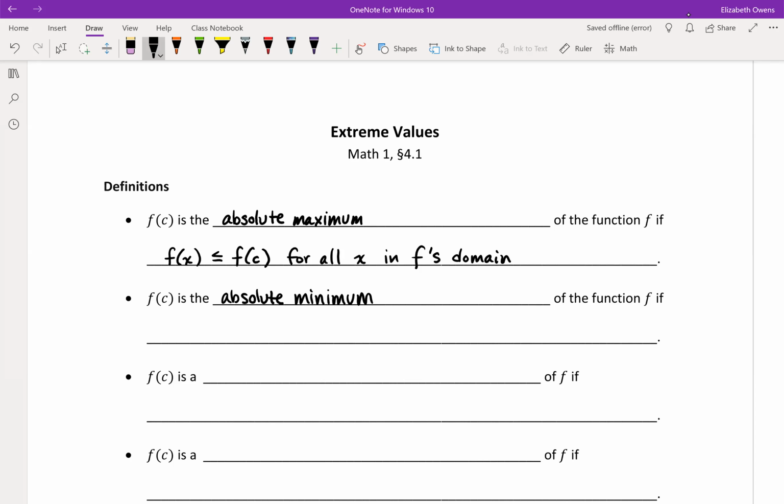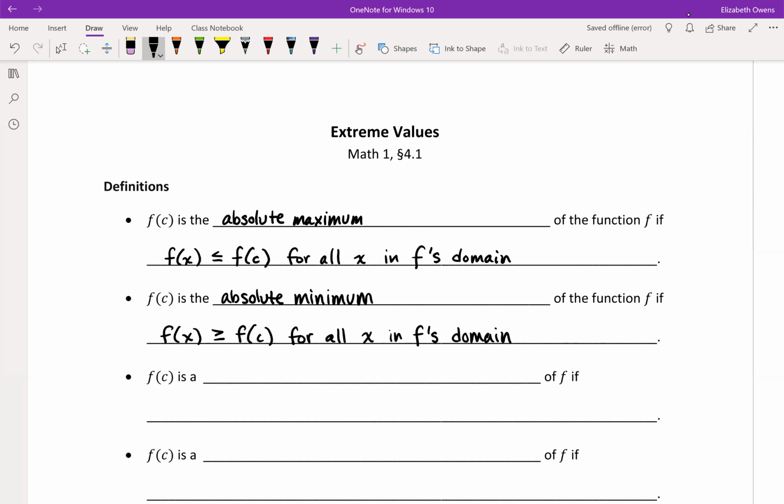All right, so f of c is the absolute minimum of the function f if basically the opposite of this is true. Okay, if f of x is greater than or equal to f of c for all the x's in f's domain.